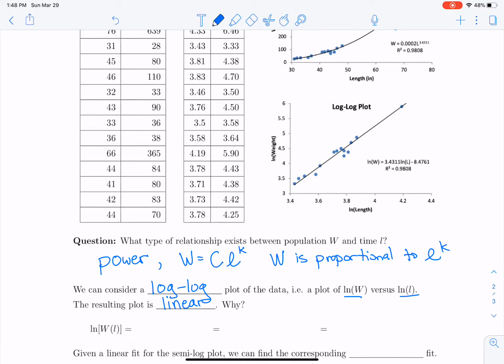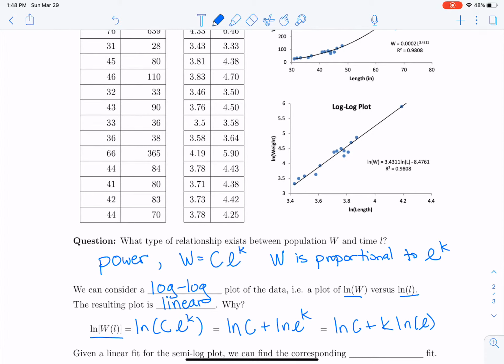Well, the natural log of W is going to be the natural log of C L to the K. That is the natural log of C plus the natural log of L to the K using our log rules. But also we can write that as the natural log of C plus K times the natural log of L. Now, that actually shows that there's a linear relationship.